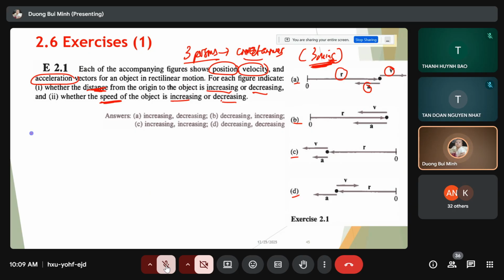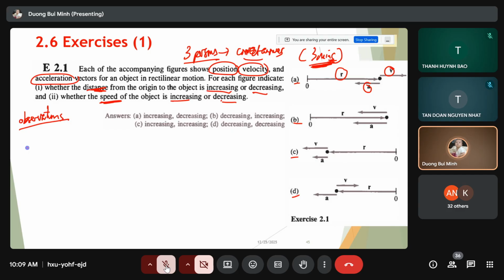For simplicity, I will just explain based on observation, because we don't have more time to draw the curve. So what is the observation?